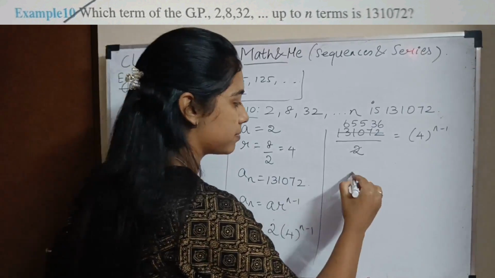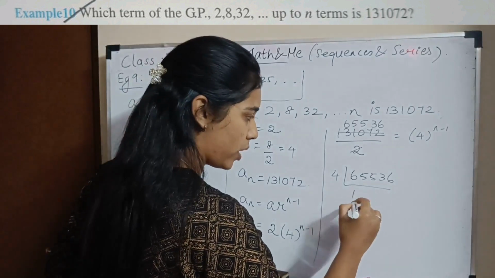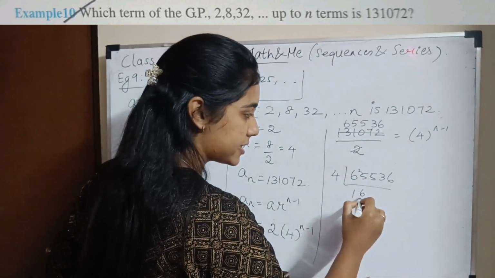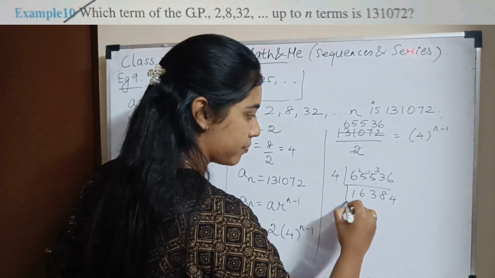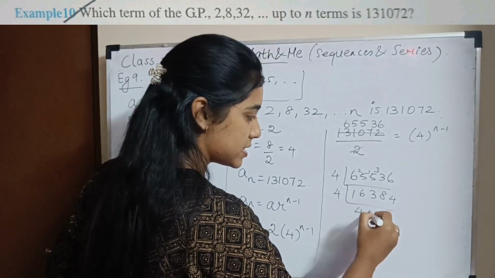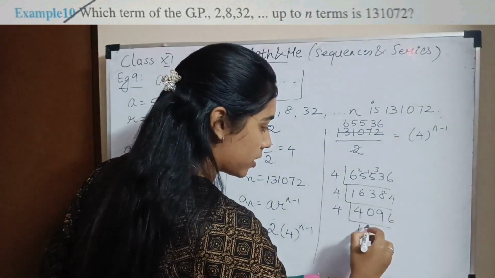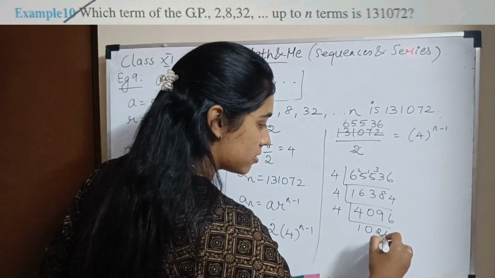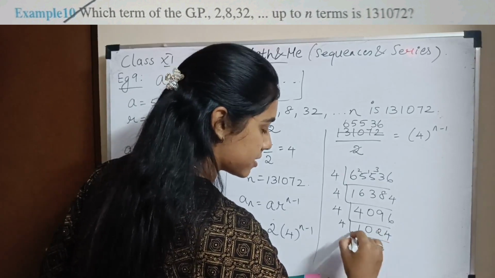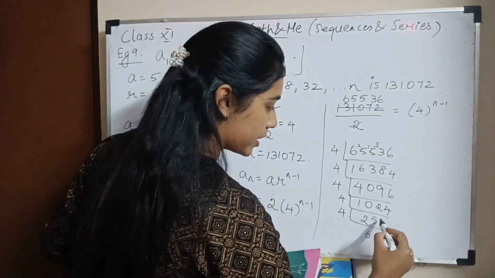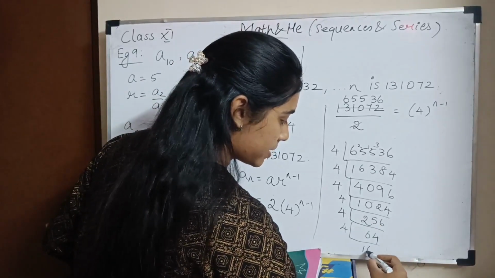Prime factorization, dividing 65536 by 4 repeatedly. 65536 divided by 4, and again, and again, until I reach 1.